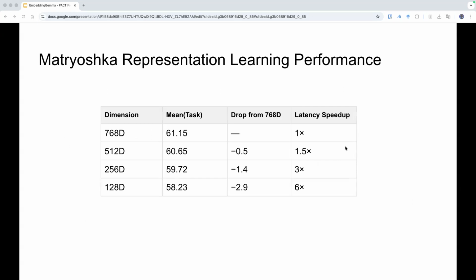By using just 128, you might have a small drop in performance, but the latency is reduced heavily, almost 6x. So that's where 128 dimensions really help. I believe they are focusing more on handheld devices.